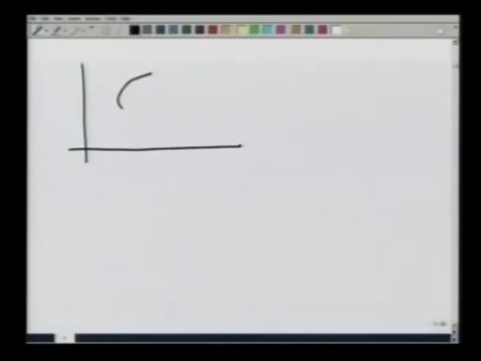In a similar manner, we define the first moment about the y axis. This is the area, and I took a small elemental area here at a distance y_i from the x axis and a distance x_i from the y axis. This is the x axis, this is the y axis.